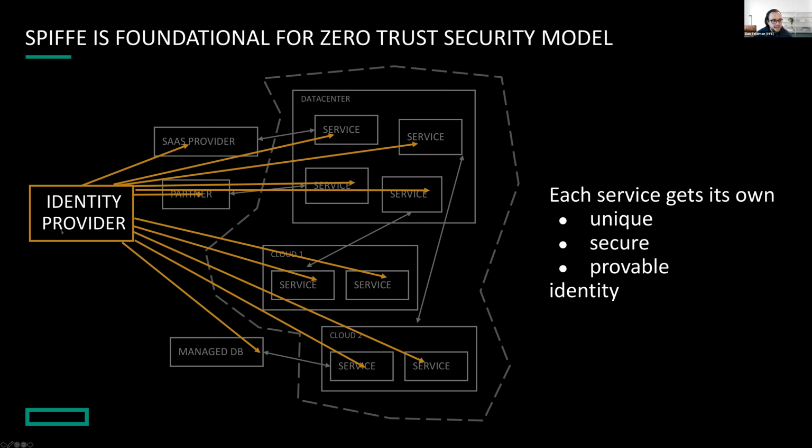So in these cases, you've got an identity provider, which is SPIRE, giving out those SVIDs to cloud resources, maybe in one cloud, maybe a different region of a different cloud, on-prem resources in the data center, SaaS providers, managed databases. That's a use case we've seen: pushing those SPIRE credentials in as the user credentials to access managed databases like RDS. So each service would get its own unique, secure, and provable identity.